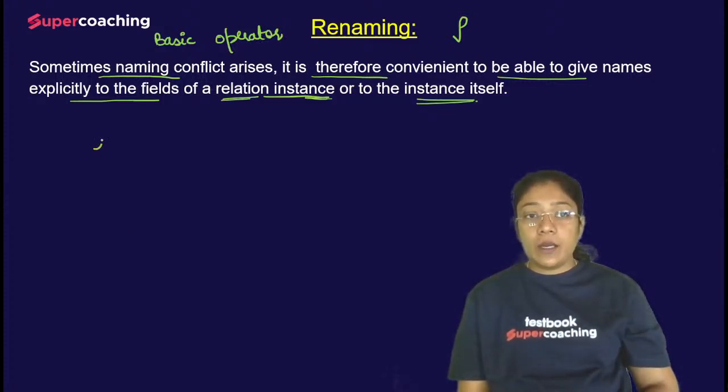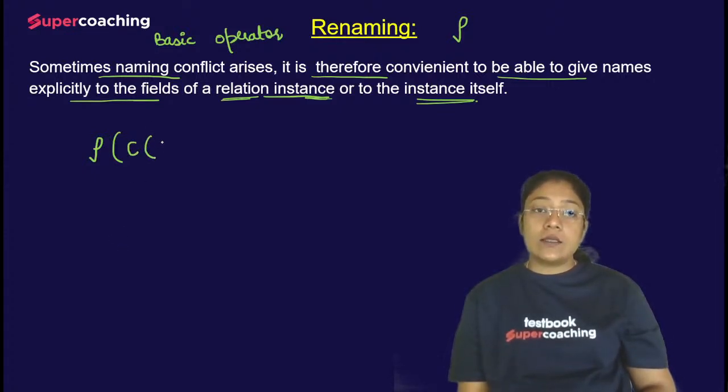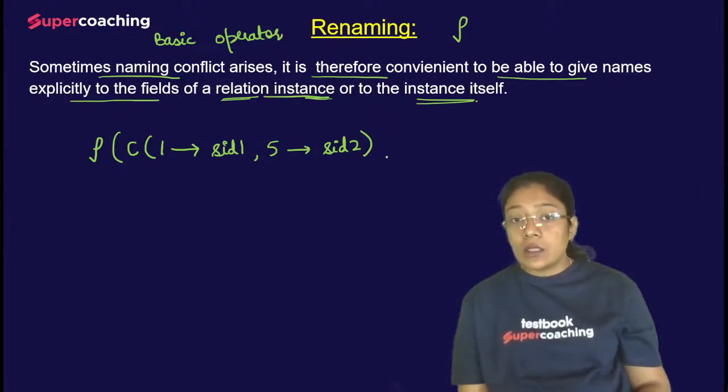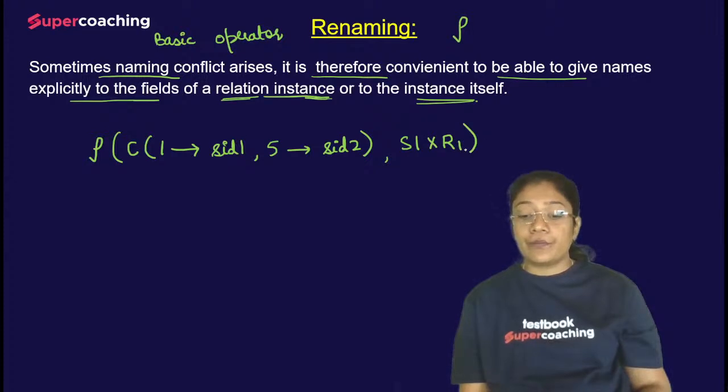Here we will simply mention that I want to rename this, and the relational instance name we have to keep is C, and under this the first attribute should be named SID1 and the fifth attribute should be named SID2. Of which relation, which first and fifth column? Of the result which is stored in S1 into R1.